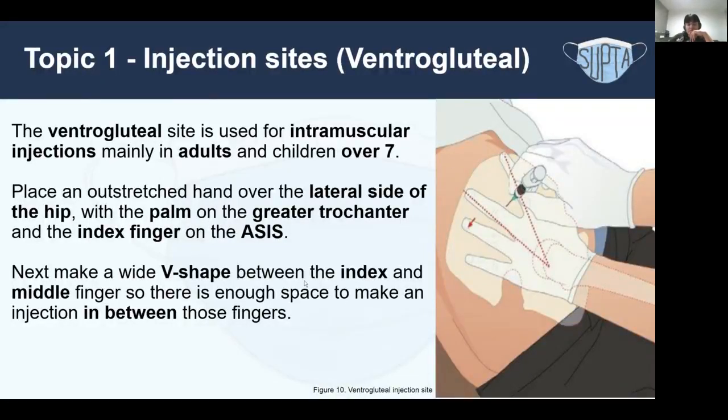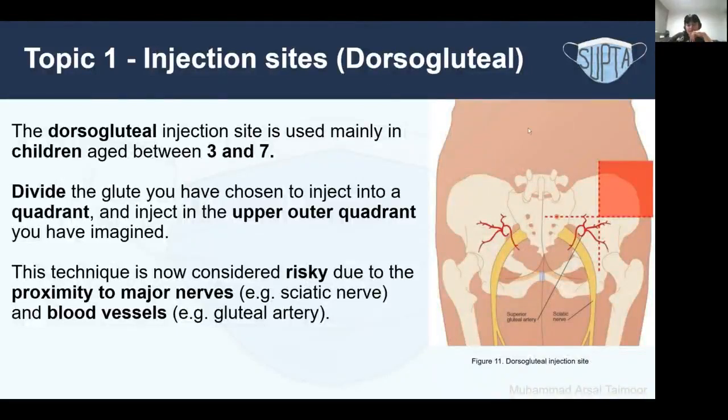it's good to know. But the dorsogluteal site, now they teach you this, but funny enough, you don't really do it in practice because it's risky. The reason why it's risky is because when you take the glutes and create a quadrant, you're inserting into the upper outer quadrant that you can see there.